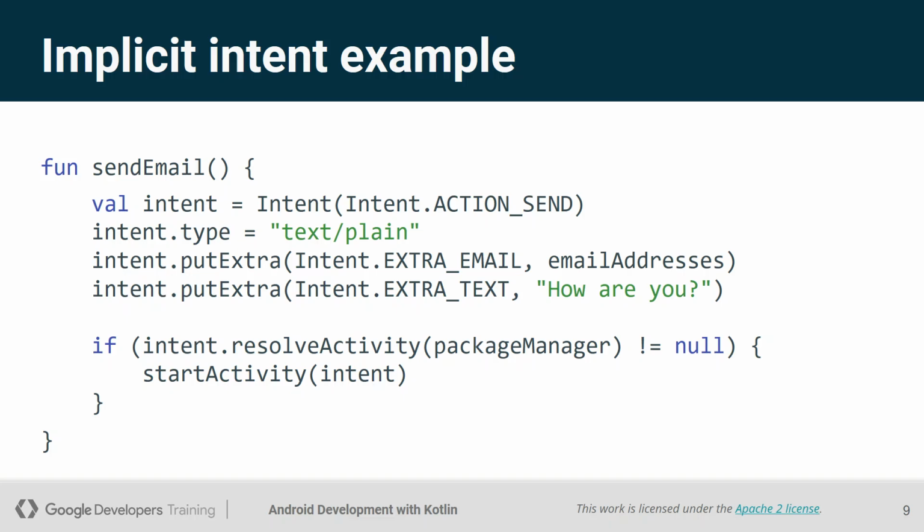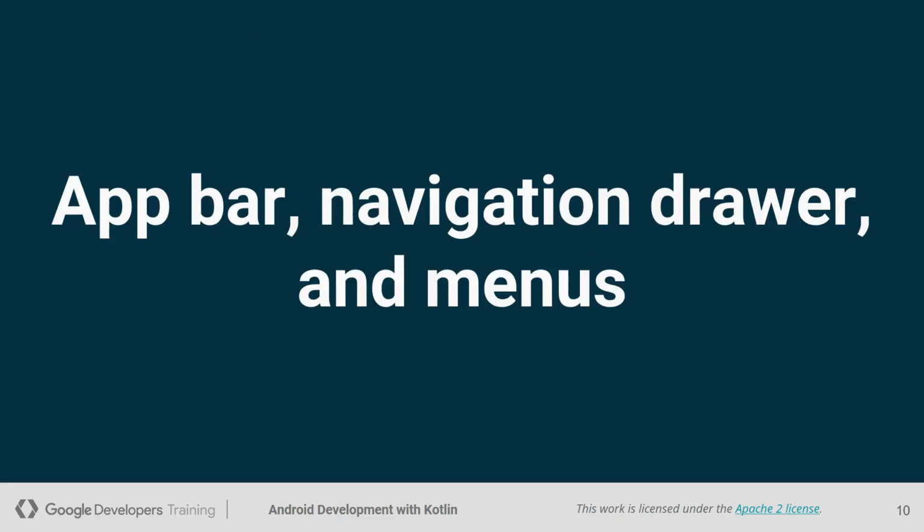So you put extra intent, then you open the email address, and then put extra intent to open the body where you are entering the text. So the text will be, how are you? Then you can check if the activity is not equal to null for the external activity, then you can connect it. So that is how you can write that to modify and apply that.